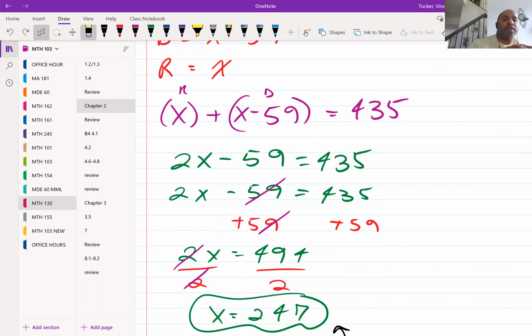Then that would leave me with 2X equal to 494. Then divide both sides by 2. And X is equal to 247.